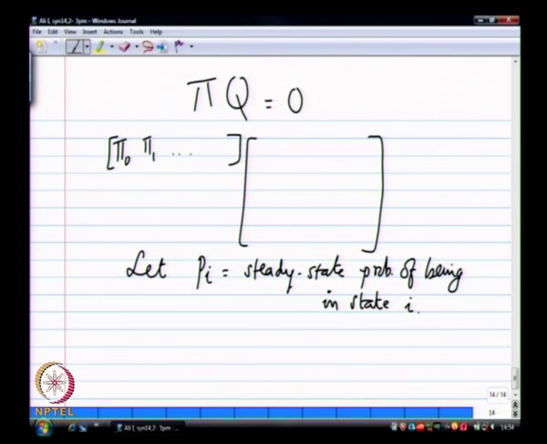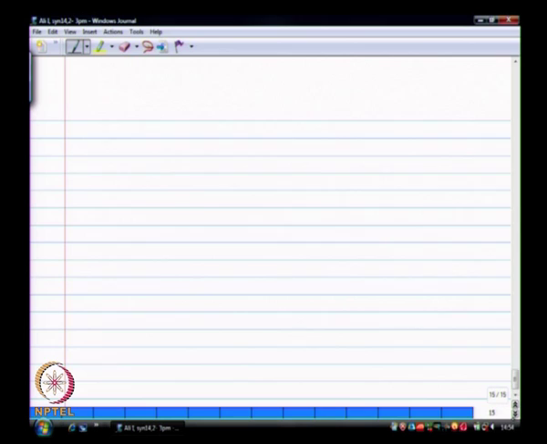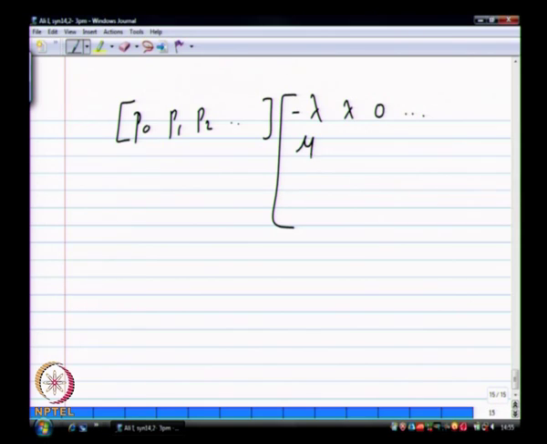If I simply multiply that matrix out, you will see a bunch of equations popping out, one for each state. So what is the equation for the first state?